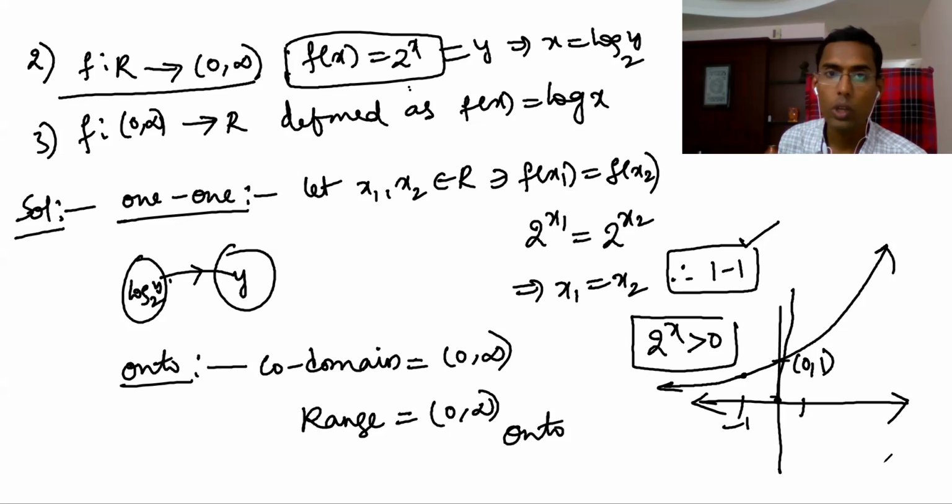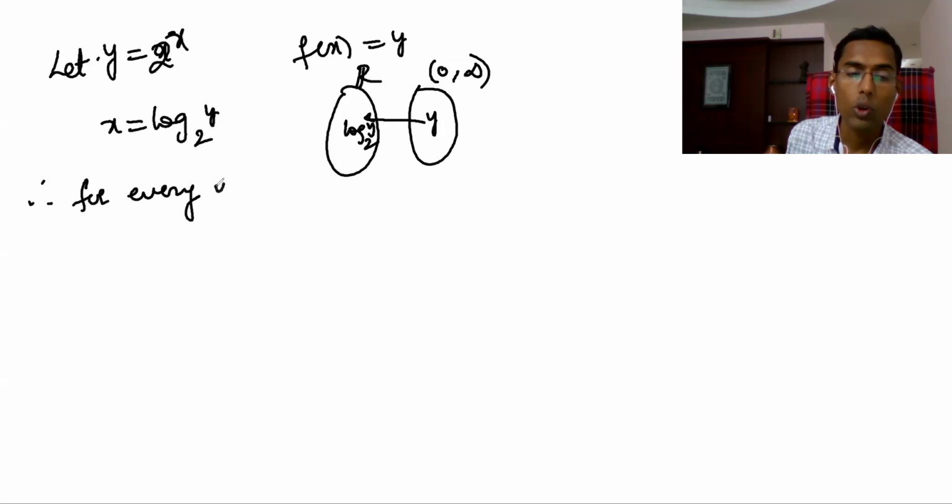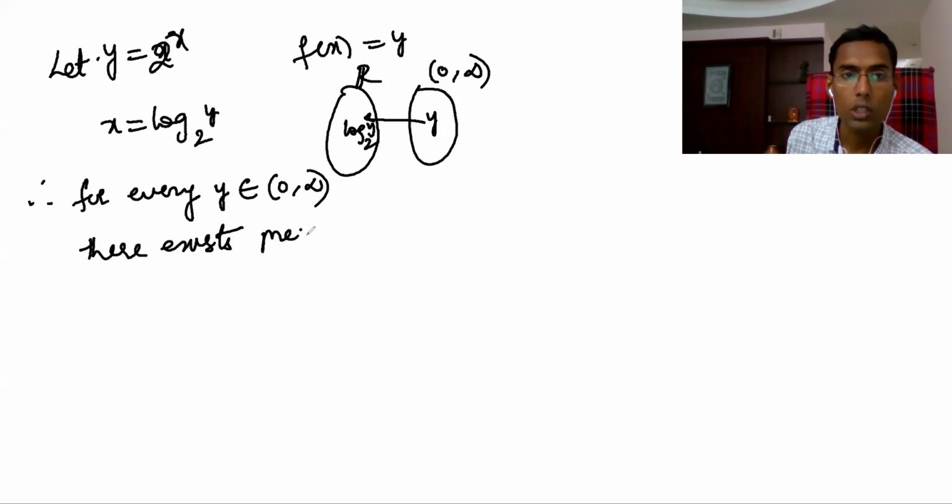How do we prove? Like this we prove. Let y equal to 2 power x, then x equal to log y to the base 2. Therefore, for every y belonging to 0 to infinity, there exists a pre-image.